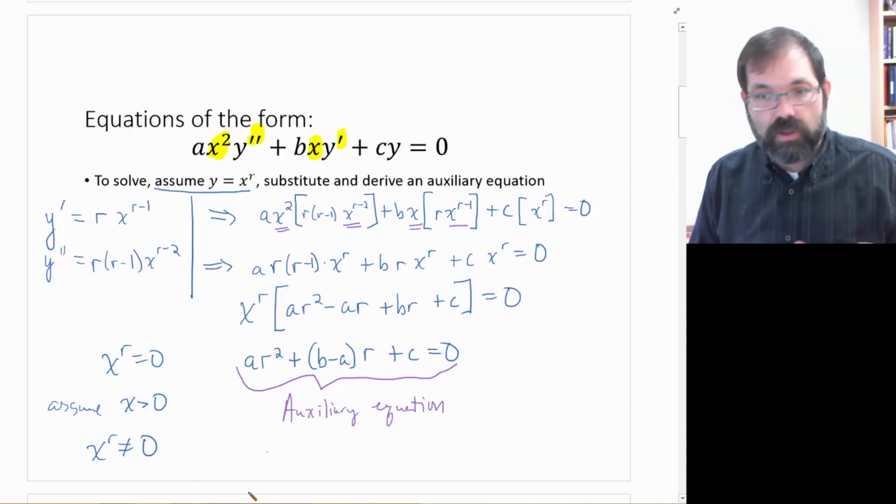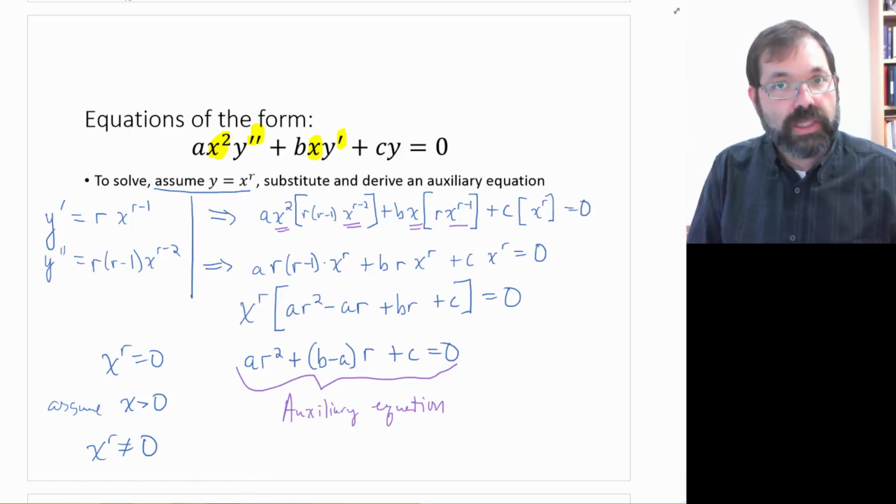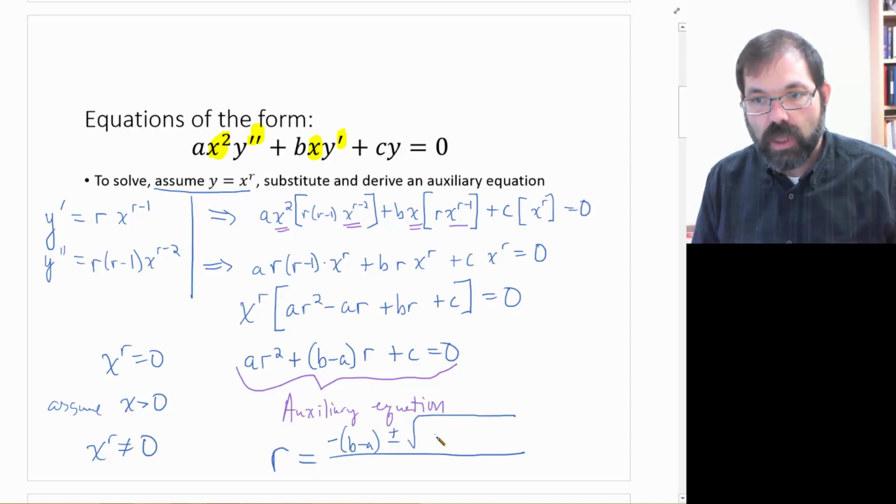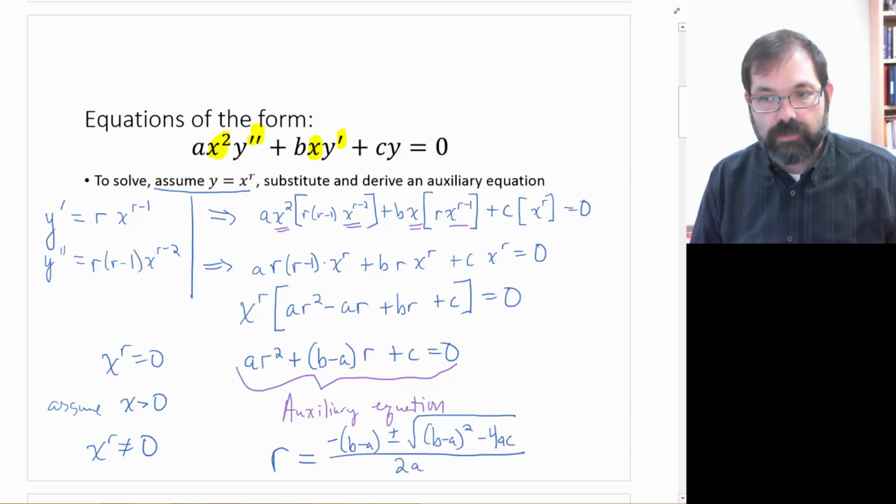And this, maybe it factors, maybe it doesn't, but we can certainly analyze it with the quadratic formula, which would tell us then that r is equal to the opposite of b minus a, plus or minus the square root of b minus a squared minus 4ac, over 2a.